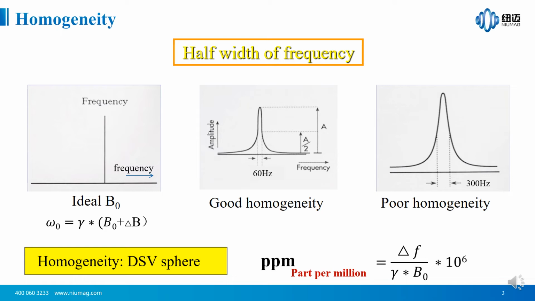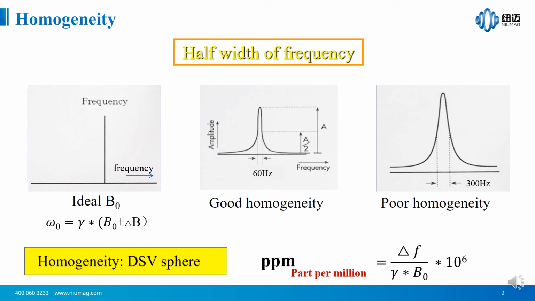Delta F corresponds to the half-width of the spectrum, and gamma multiplied by B0 corresponds to the central frequency. Suppose the center frequency of this device is 100 MHz and delta F is 300 Hz.